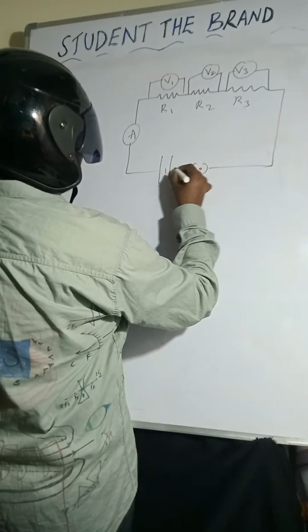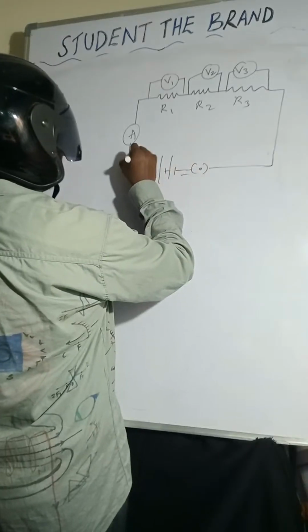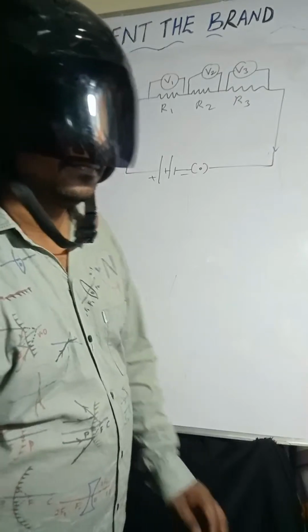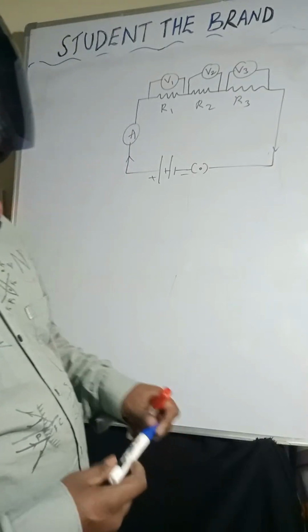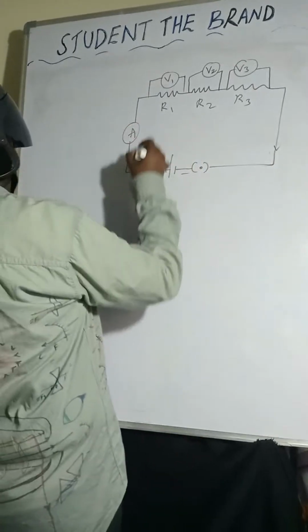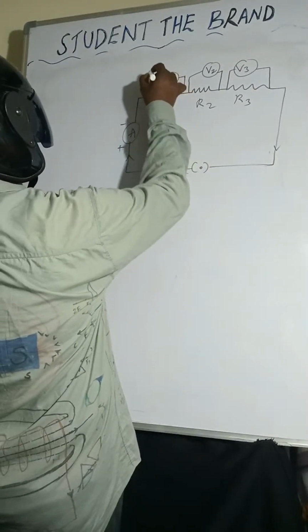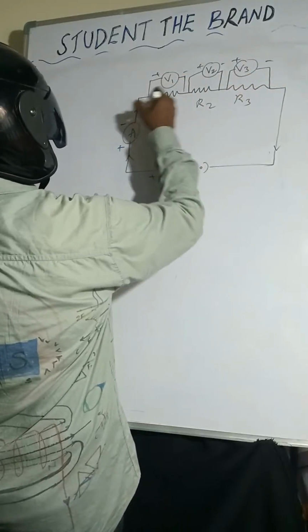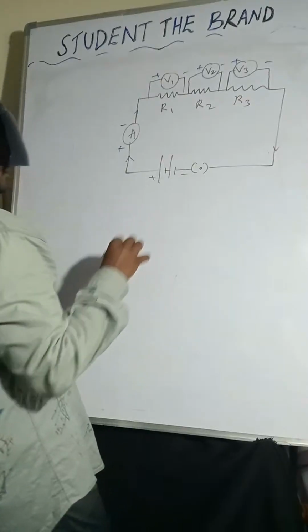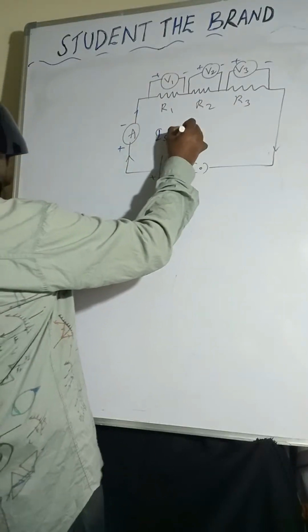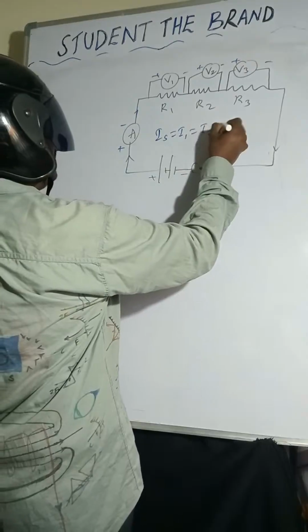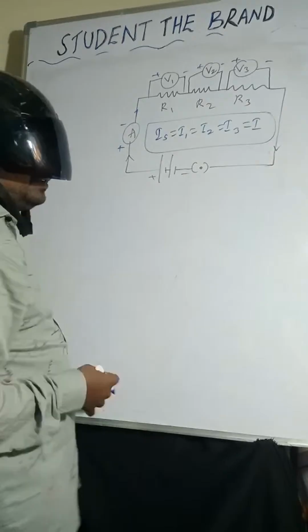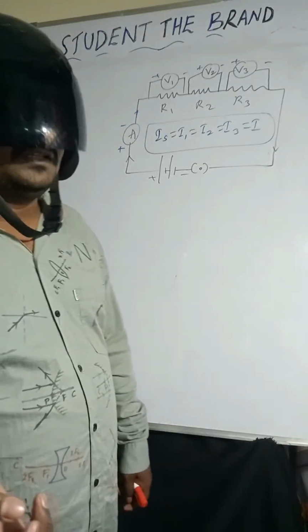Current is flowing here, right? So the current is the same: I1 equal to I2 equal to I3 equal to I. Current is the same throughout the circuit.